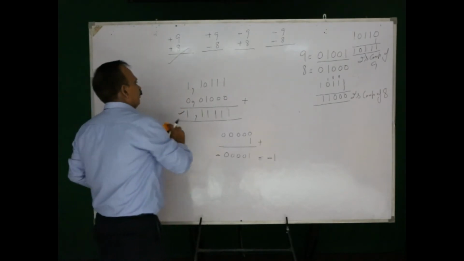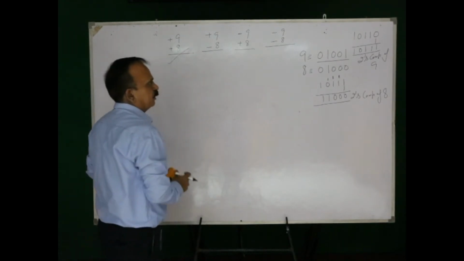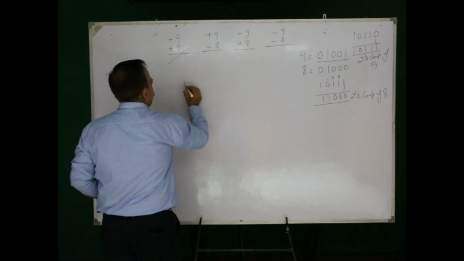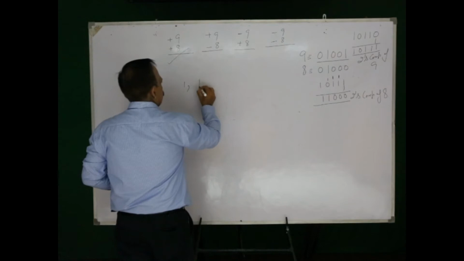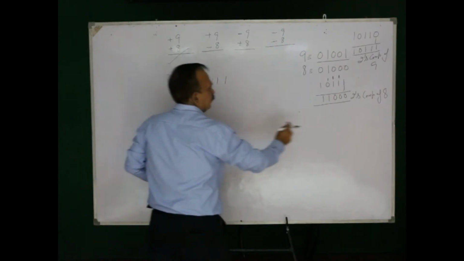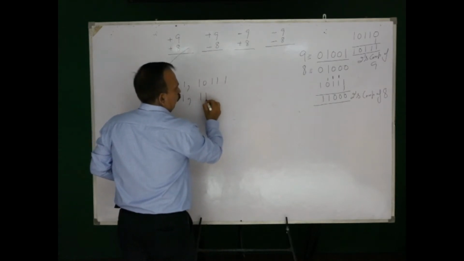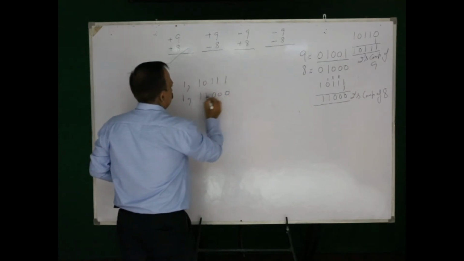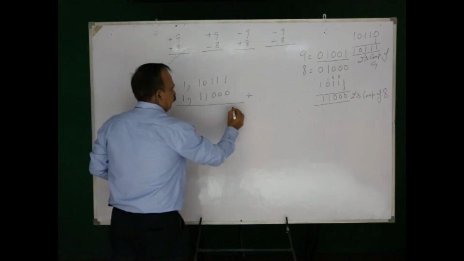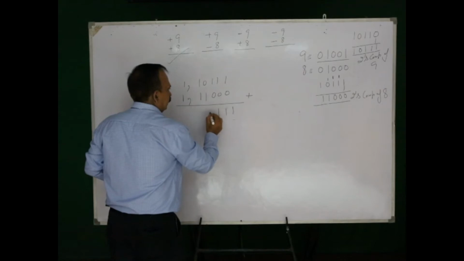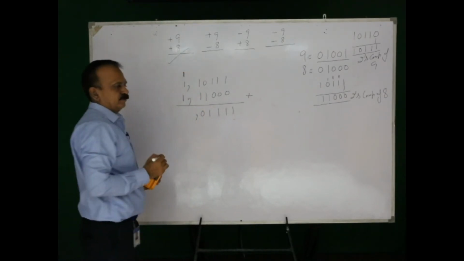Last one, minus 9 and minus 8. Take the 2's complement of both. This is the 2's complement of 9, 1 0 1 1 1. This is the 2's complement of 8, 1 1 0 0 0. Add. If I add, it is 1 1 1 1 0, and the carry is 1.